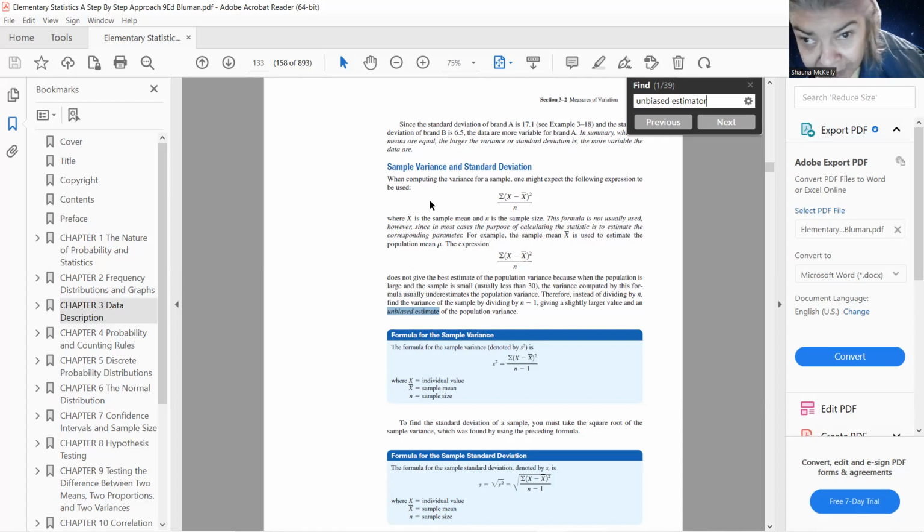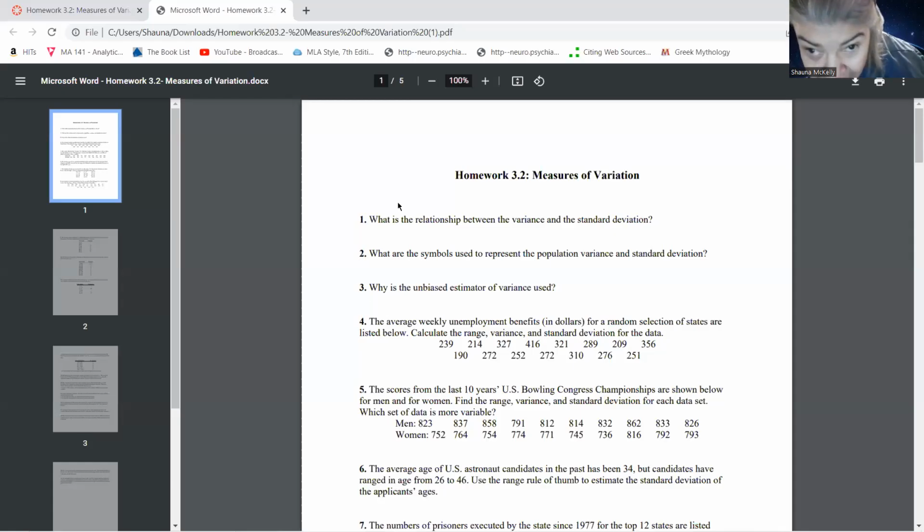So if you want to answer the question here of why do we use an unbiased estimator, I would say this. Let me get my annotation. Okay.